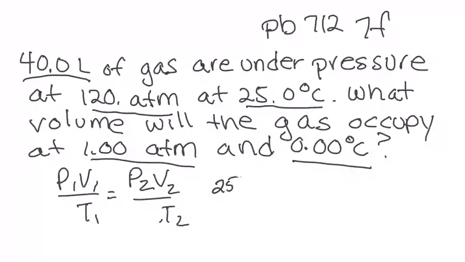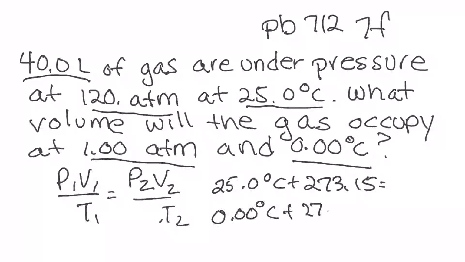So if I take 25 degrees Celsius and add 273.15 to it, oops, that's the bell. We're still going on. Or if I add 0 degrees plus 273.15, I get on the top 298.15, or you can round it, but usually we say rounding at the end, and this is in Kelvin.